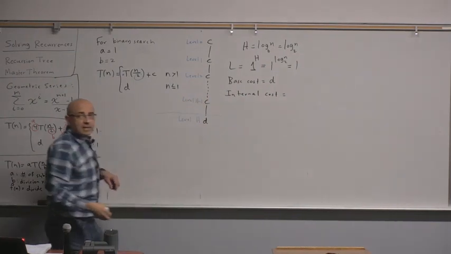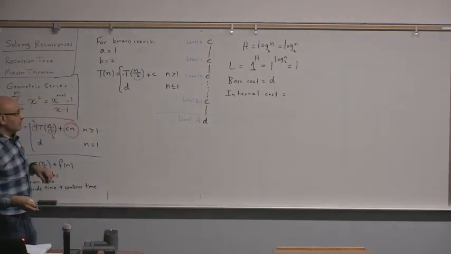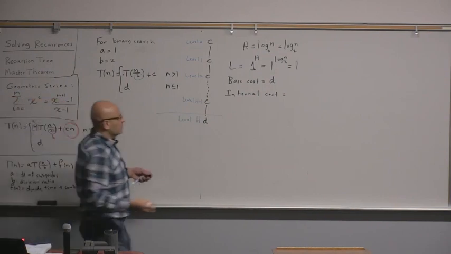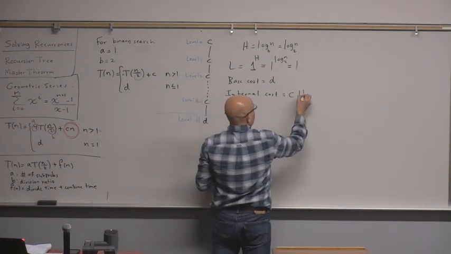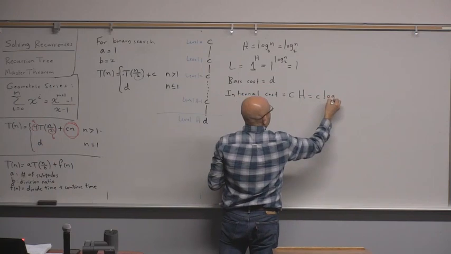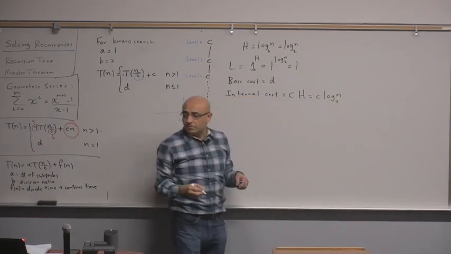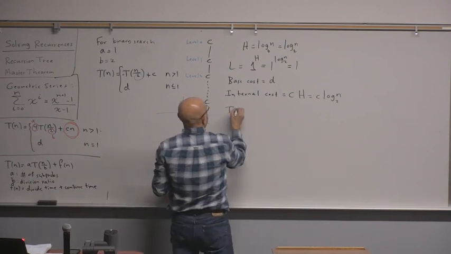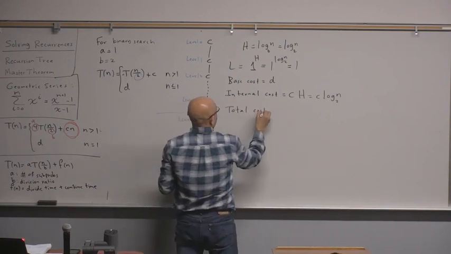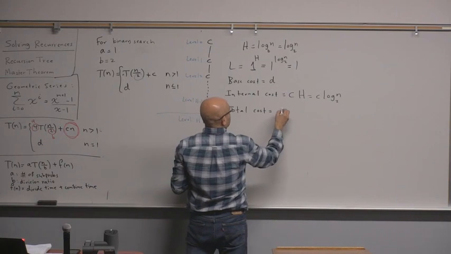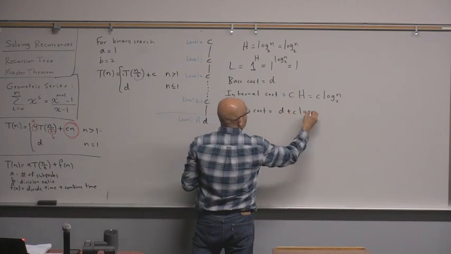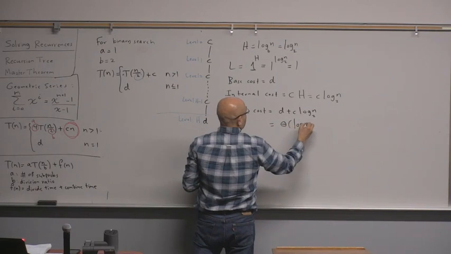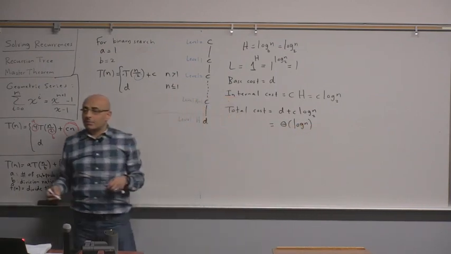Now, is the cost the same at all levels? Yes, it's the same at all levels. So we just multiply it by h. So it's going to be c h, or c log n base 2, and the total cost equals d plus c log n base 2, and that's theta of log n, which is what we already know about binary search.